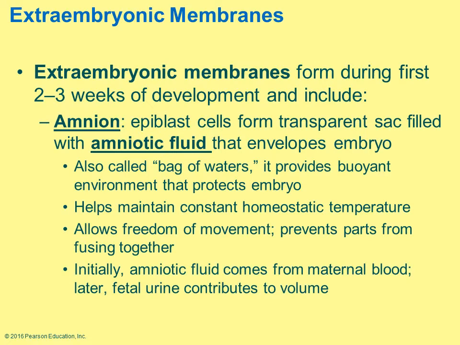It maintains temperature. It does allow for movement. Initially, the fluid comes from the maternal blood. Later in the pregnancy, the developing fetus is actually producing urine, and that's going to also contribute to the volume of this amniotic fluid.